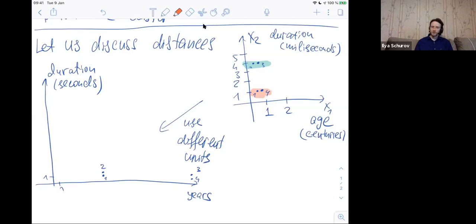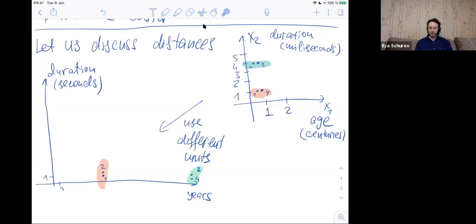Just by looking at this picture, you have to choose probably this cluster and this cluster. And you see that the result of this clustering is completely different. But the data is the same.